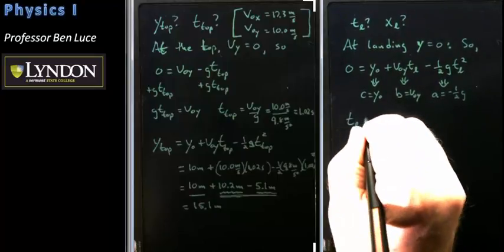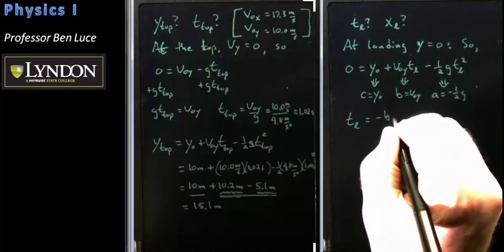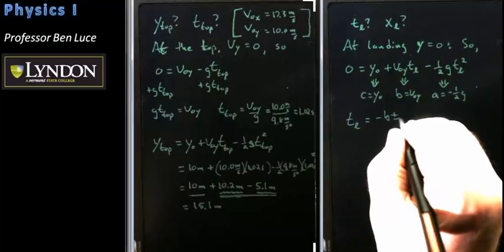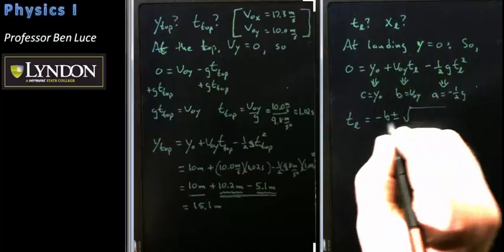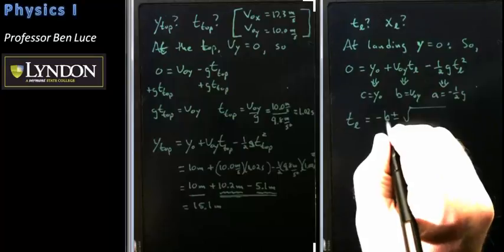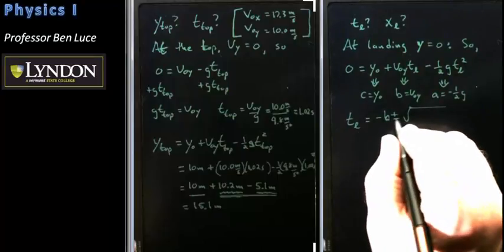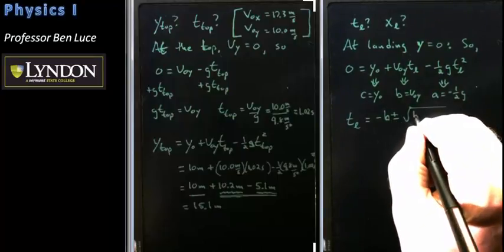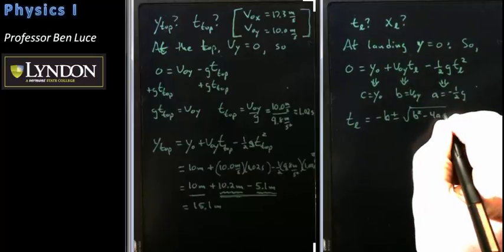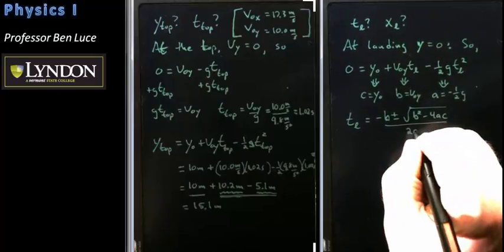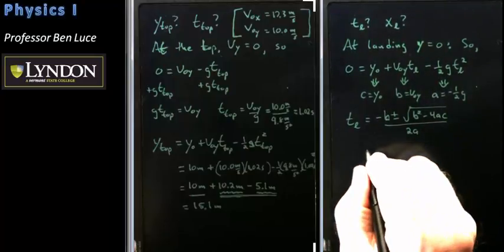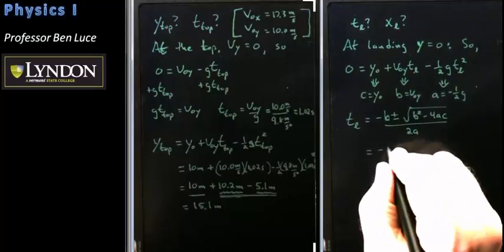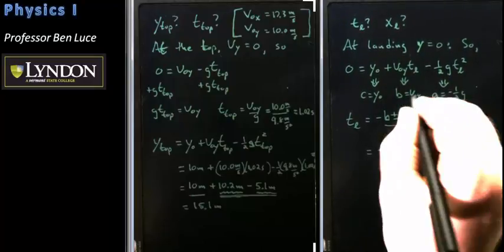So by the quadratic equation solution, TL is given by minus b plus or minus the square root of b squared minus 4 times AC, all divided by 2a. And now we substitute these values in.